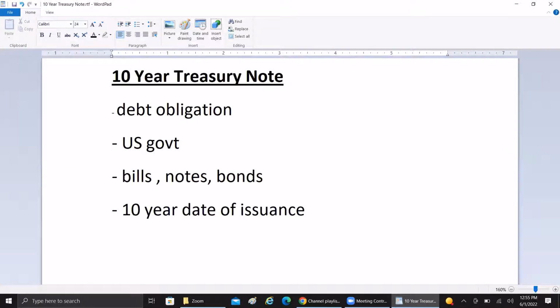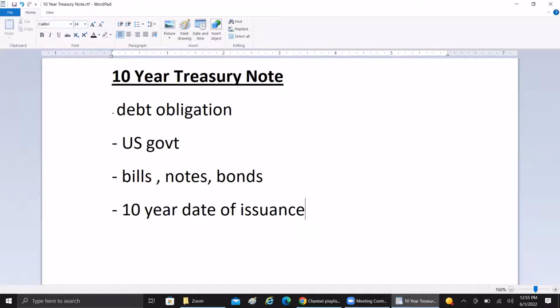Say, for example, tomorrow or any date in this year, the US government issues this 10-year treasury note. From that particular date till the 10th year will be calculated as the complete tenure.